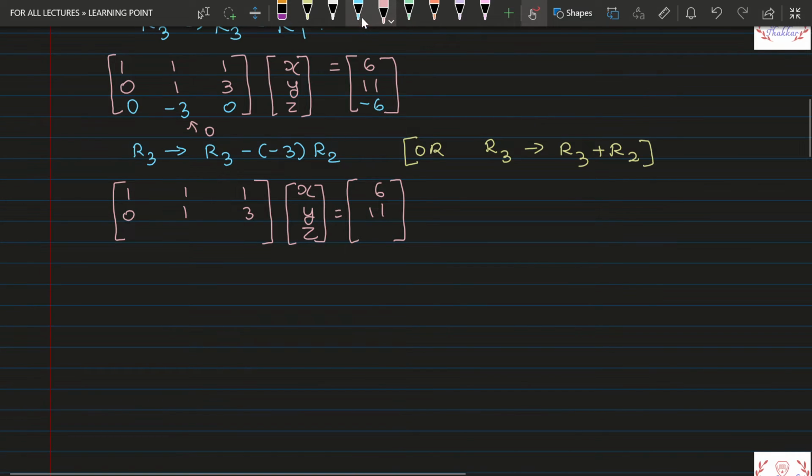When we are using the transformation, 0 plus 3 into 0. I missed that 3, we should write 3 over here.